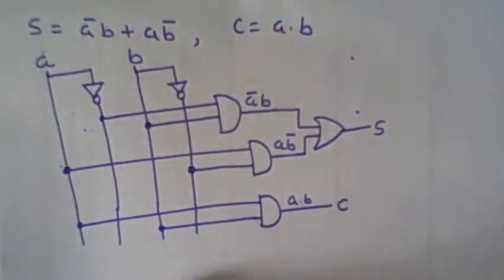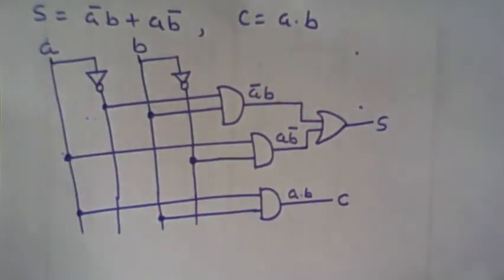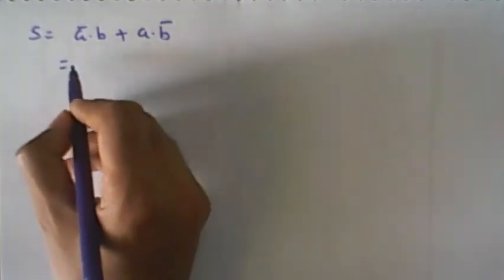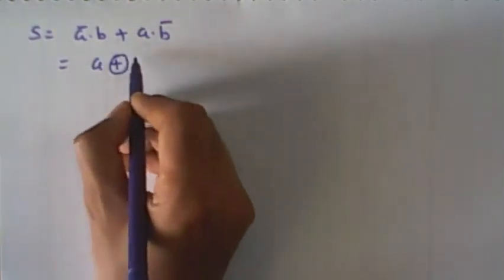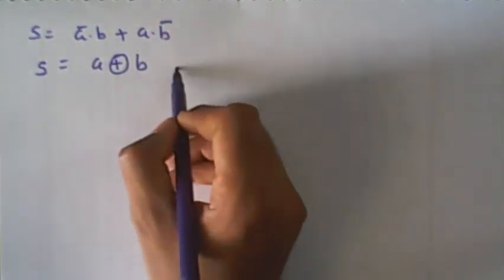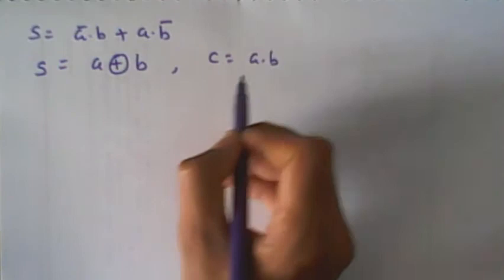Another is this. The sum bit here is A bar into B plus A into B bar. It is nothing but the XORing of A and B, and the carry is A and B, the AND.